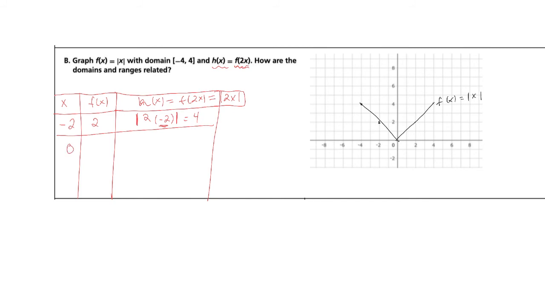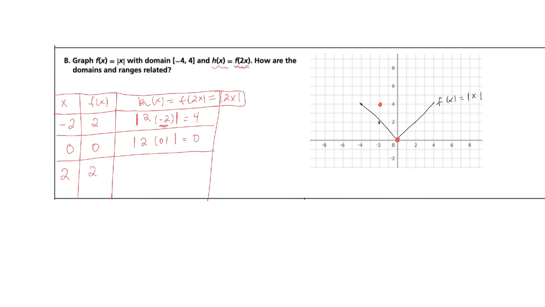Let's try 0. So that was at -2, 4. And then we have 0. F of x is 0, so 2 times 0 is equal to 0. And then let's try 2.